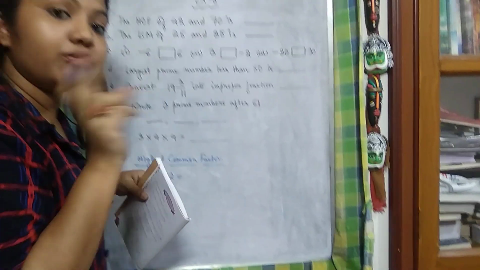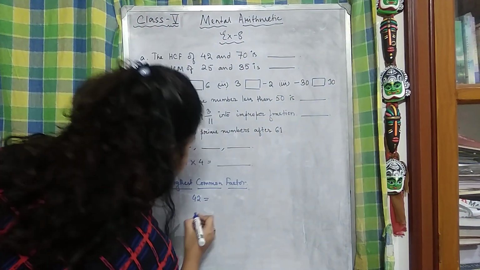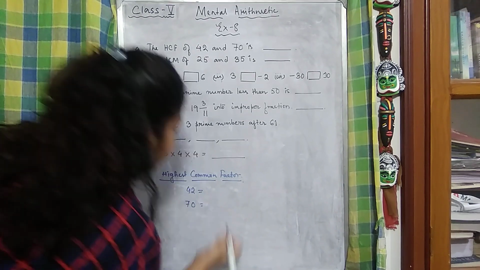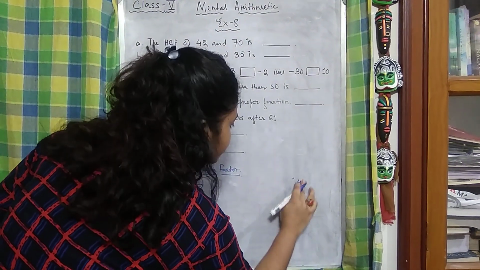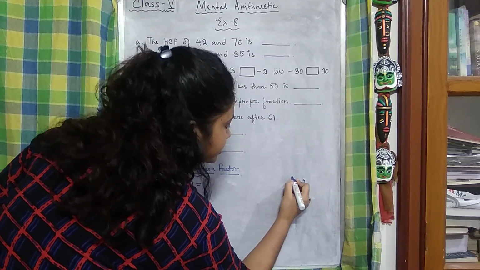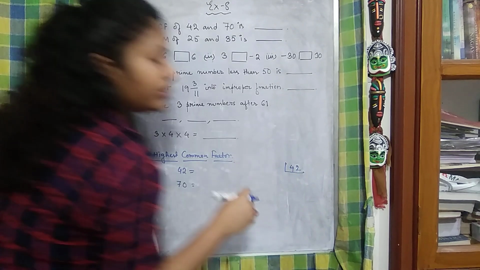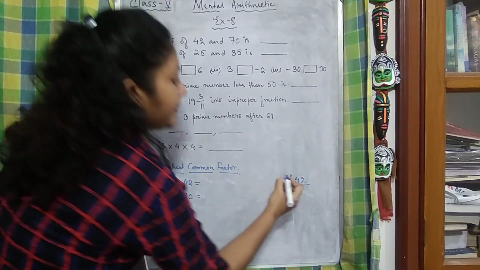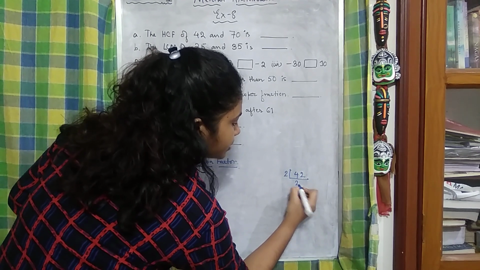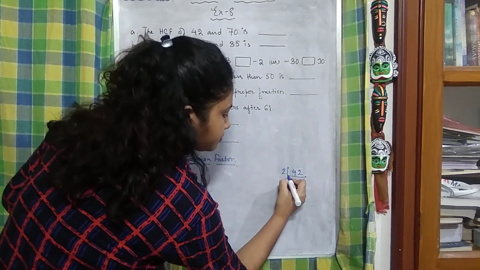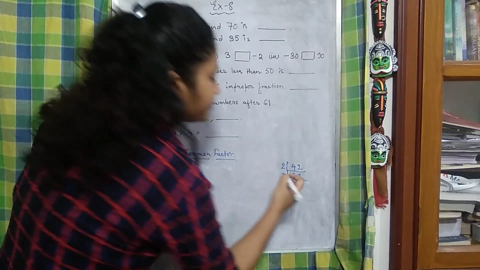Firstly we have to find the factors. What are the factors of 42 and 70? We are going to break 42 into its factors, dividing it accordingly. First let's divide it by 2. Then 2 2s are 4, 2 1s are 2. Now 21 can be divided by 3, right?